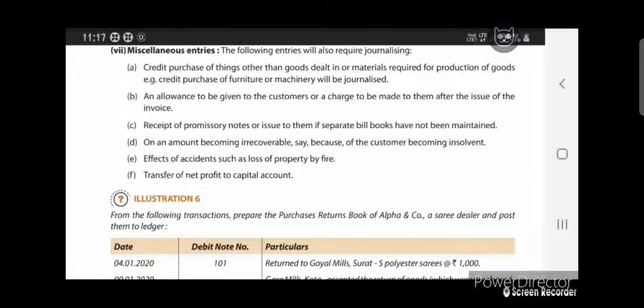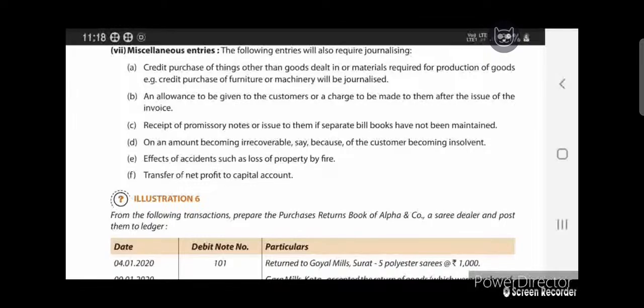Next is miscellaneous entries. These include credit purchase of things other than goods or materials required for production of goods, an allowance to be given to a customer, or a charge to be made to them to issue some invoice, receipt or issue of promissory notes if separate books have not been maintained, an amount becoming irrecoverable because of the customer becoming insolvent, the effects of an accident such as loss of property by fire, or transfer of net profit to capital account.